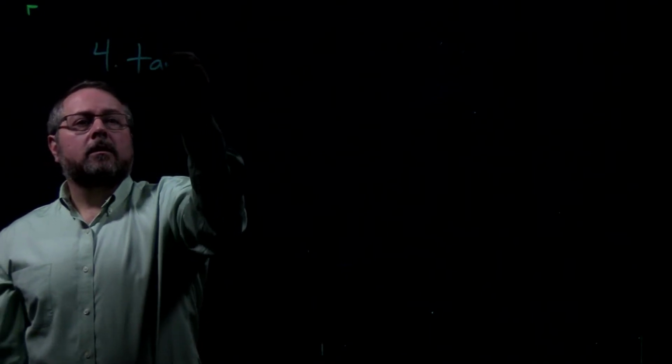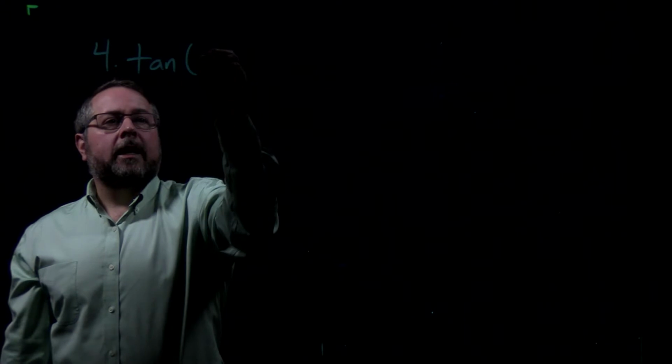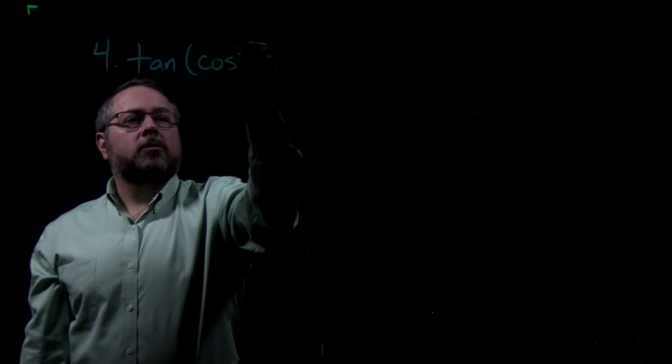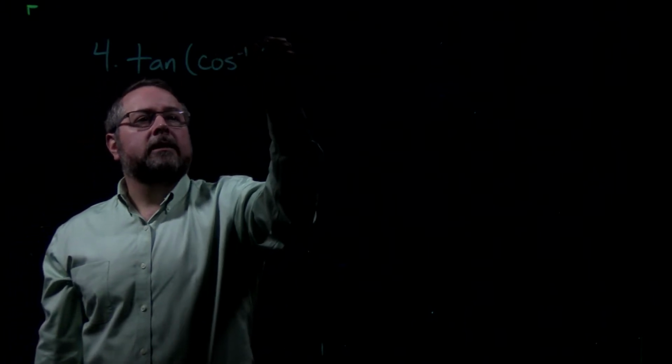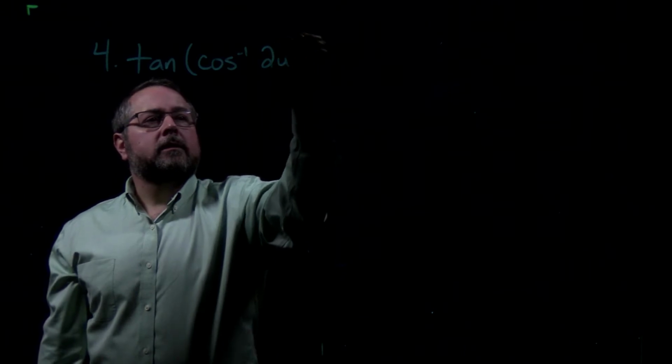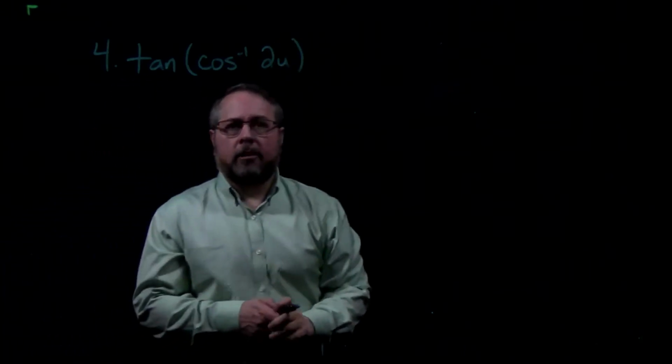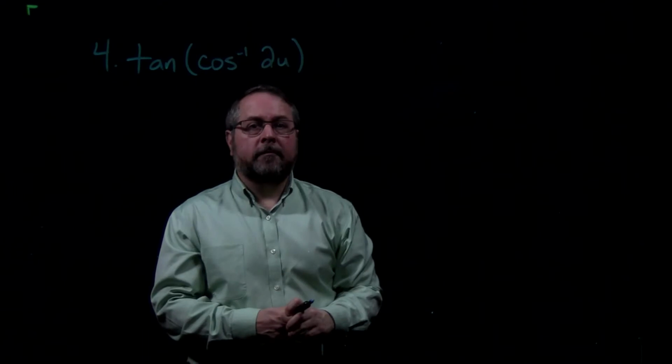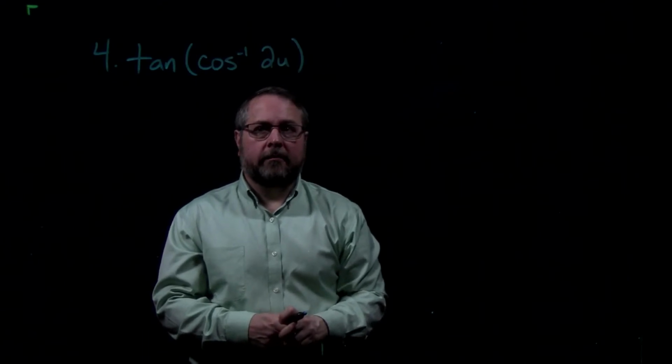So what we're going to do is look at expressions where we have a trig function on the outside, an inverse trig function on the inside, and inside that inverse trig function, we're going to have some variable, or some expression involving a variable.